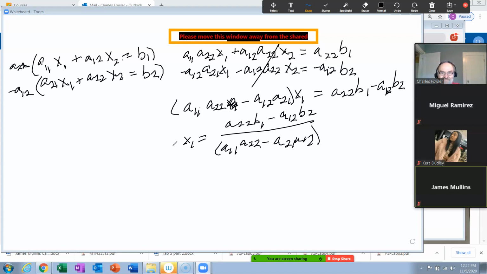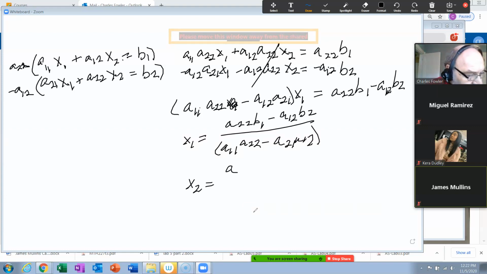Now, if you did the same thing and eliminated X sub 1, say by multiplying the top equation by A21 and the bottom equation by minus A11, or reverse, then you would have come up with this. X sub 2 is equal to, I have to stop and think a moment on it.